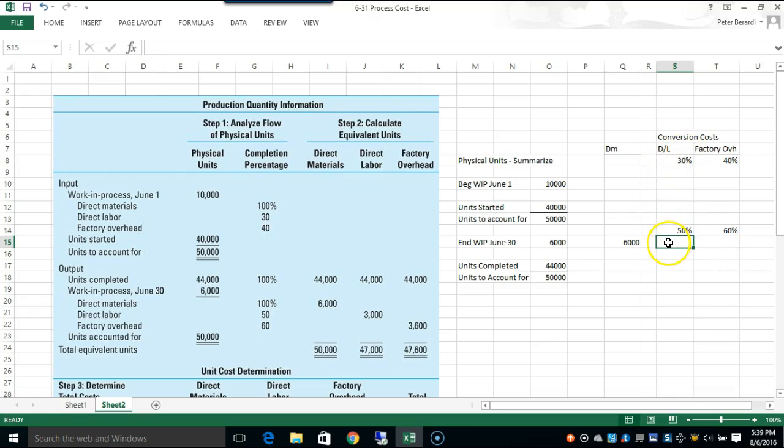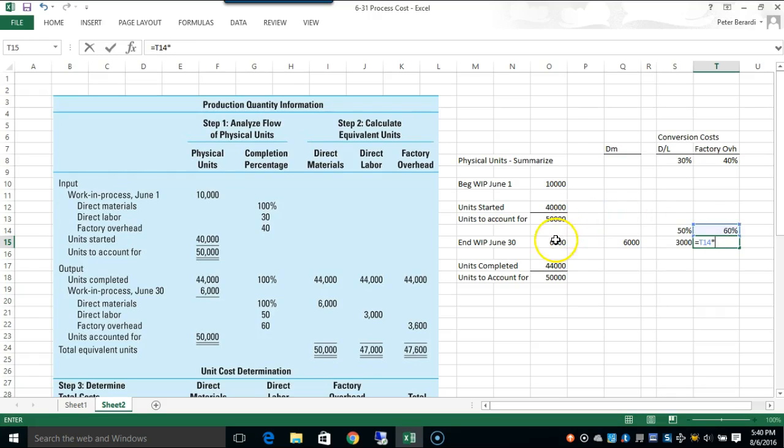Now on to direct labor. The equivalent units of direct labor for ending WIP are 50% complete. So we're going to take 50% of 6,000, which is 3,000, and that's what your number is here. Now we're going to take 60% of factory overhead times 6,000, and the equivalent unit, did something wrong.